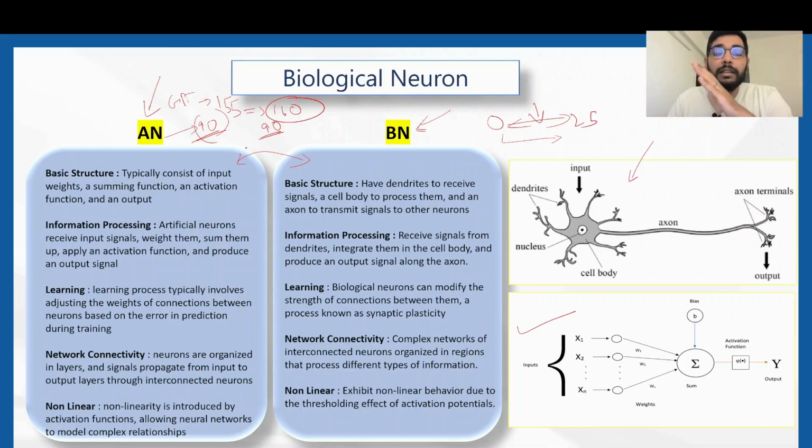So the advent of the artificial neuron is based on the biological neuron. They both work on the same principle: learning based on the circumstances or the data fed in. Going to the basic structure of an artificial neuron that we just saw, we have the summing function, the activation function and the output. Similarly, we have the dendrites, which are the inputs to the biological neuron, similar to the inputs or features in our problem statement.